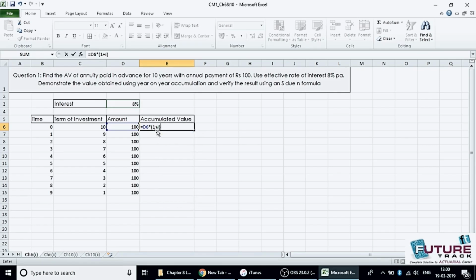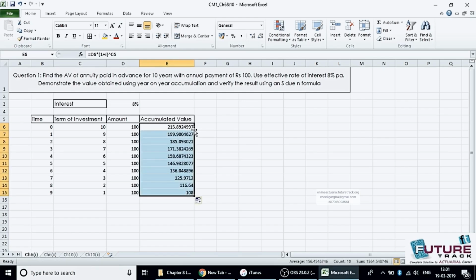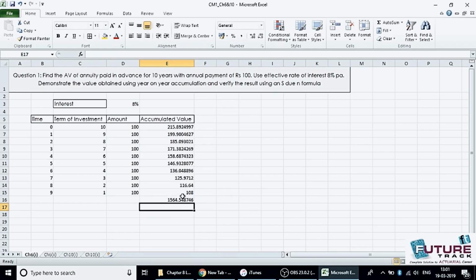There is no need to put dollar sign. Power: for how many years will you get this interest? For 10 years. Equal to. Fine. Now put the cursor here, and double click it. It will fill it for all. Fine. Now to find the sum of this, the shortcut is Alt and equal to. Press Alt equal to, it is selected. Enter. So you get the accumulated value as this.